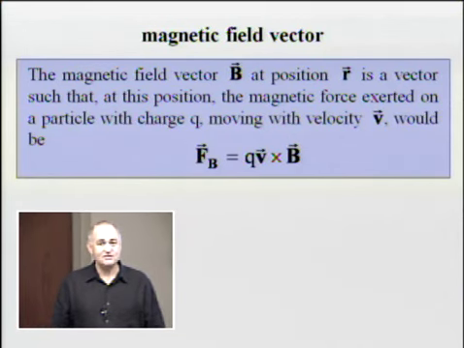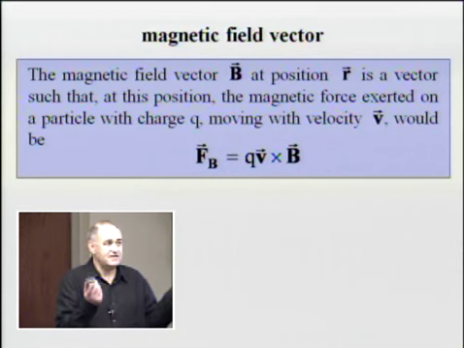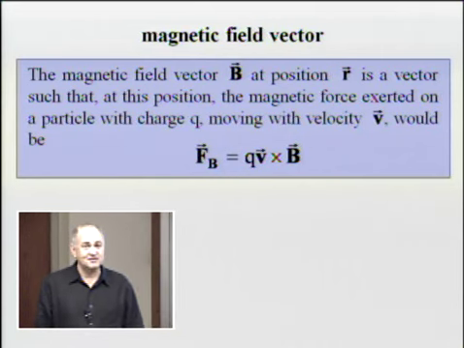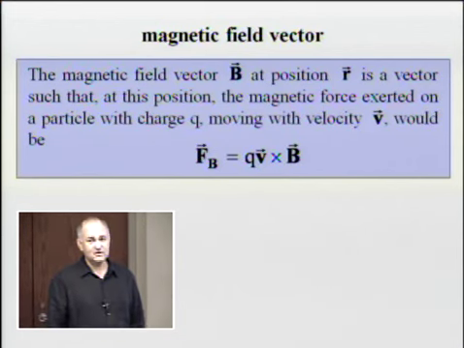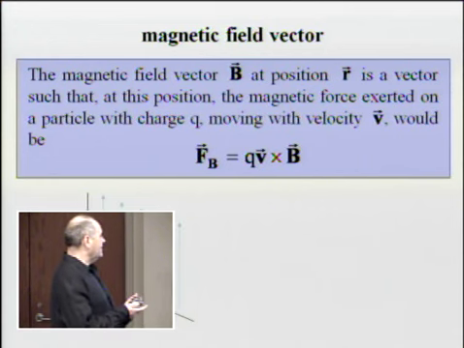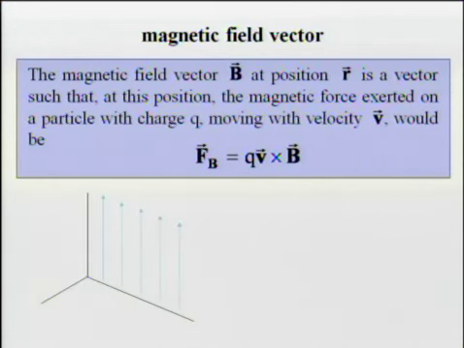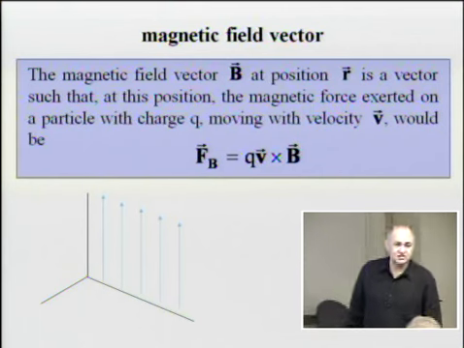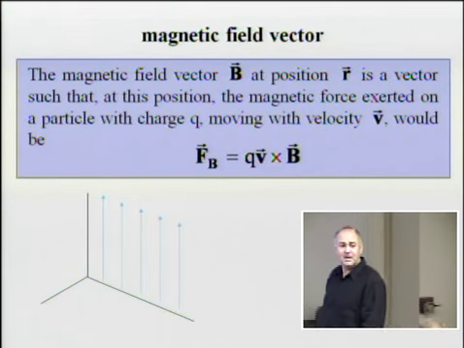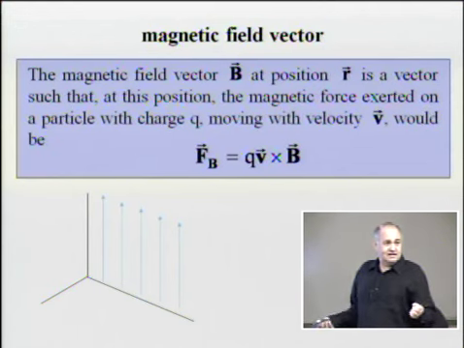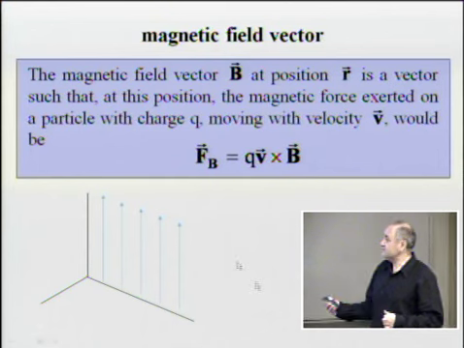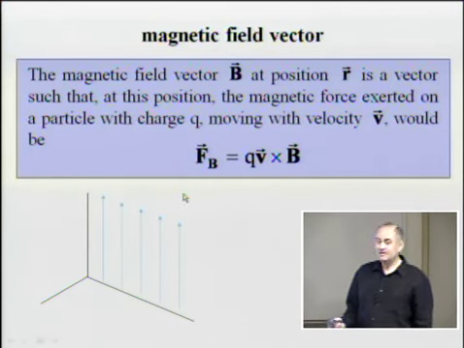Nature gave us magnetic interaction like it is, and we could not describe it in a simpler way than we do it. We have to use a vector product, and the reason for it is that the magnetic force happens to be perpendicular to velocity. So we have to find such an operation which would result in force being perpendicular to velocity.